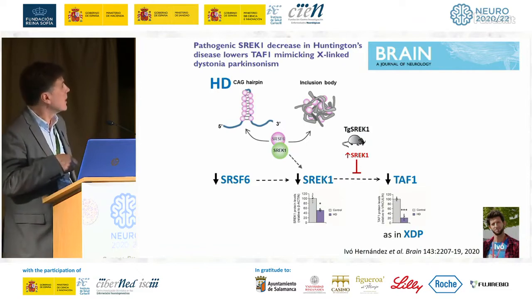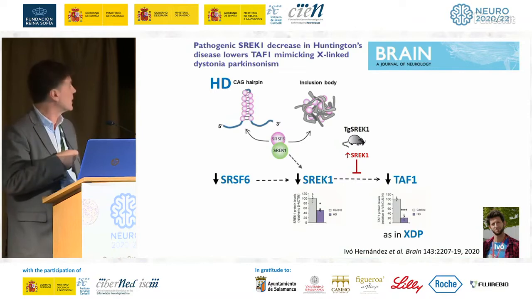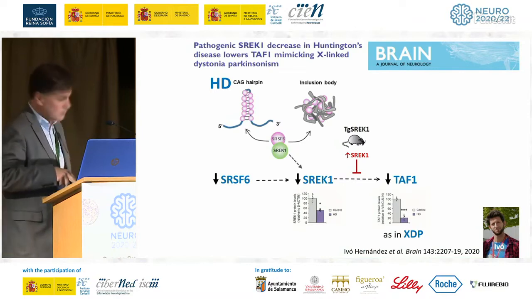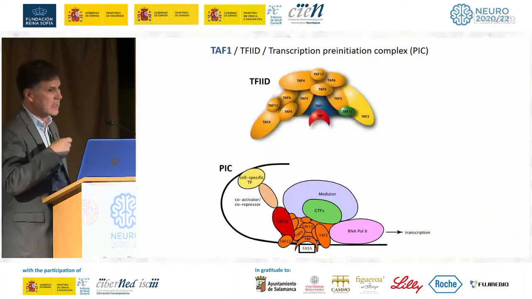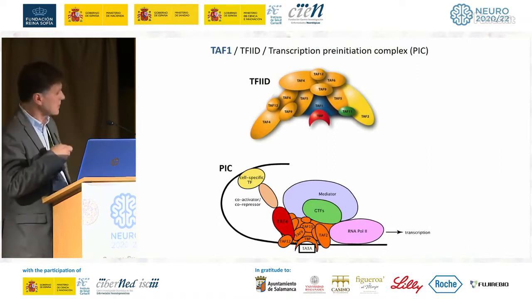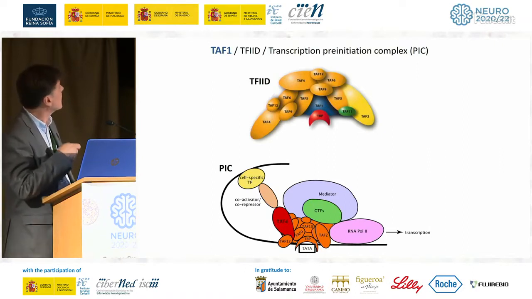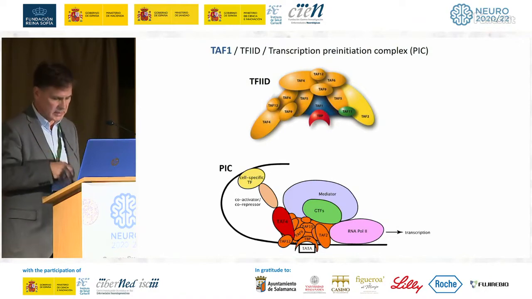As I mentioned, XDP is caused precisely by a decrease of TAF1 expression. And I haven't mentioned that TAF1 is the biggest scaffolding protein of the huge complex that is the basic transcription factor TFIID, that is involved in the pre-initiation complex of transcription.